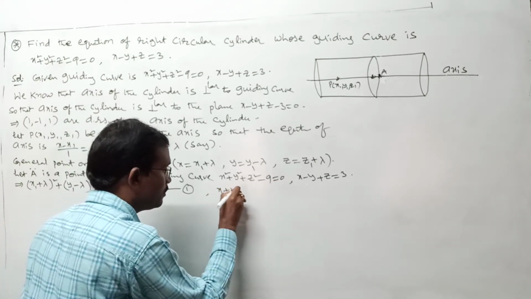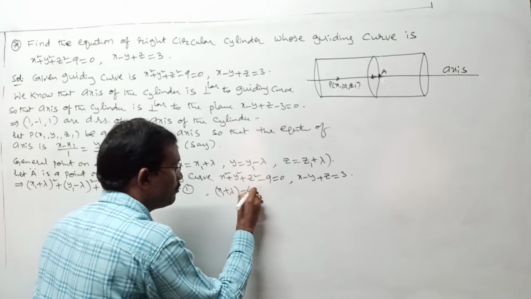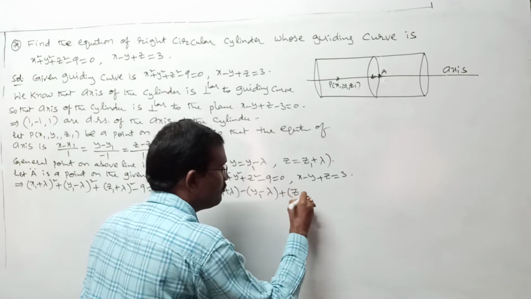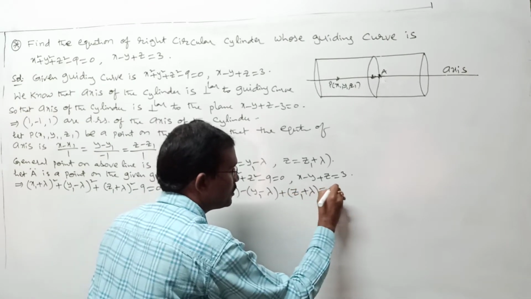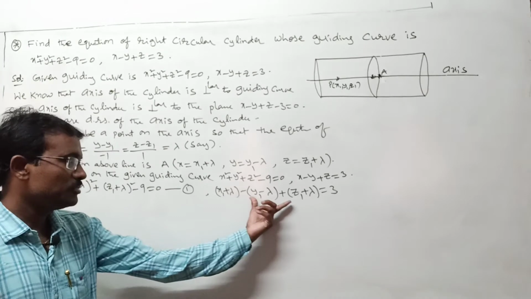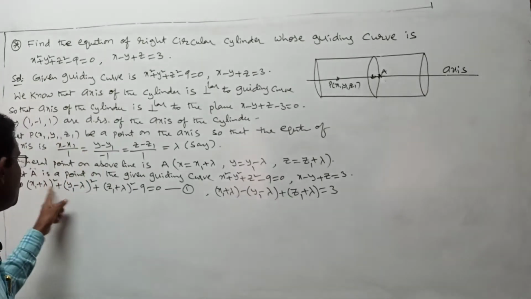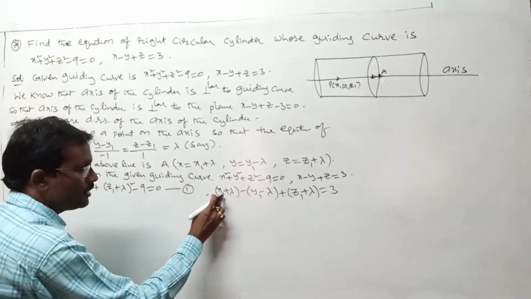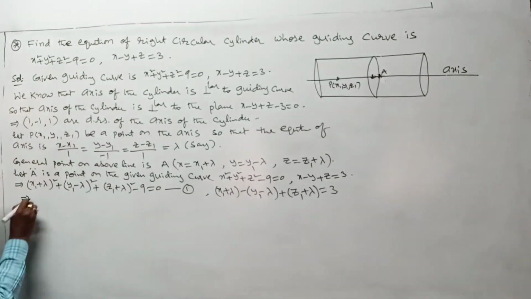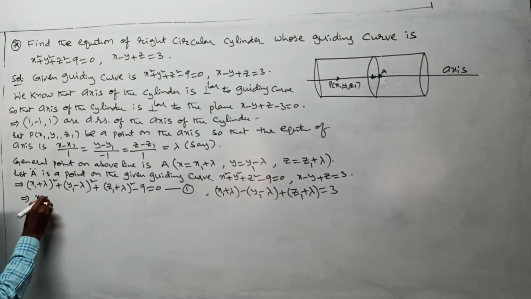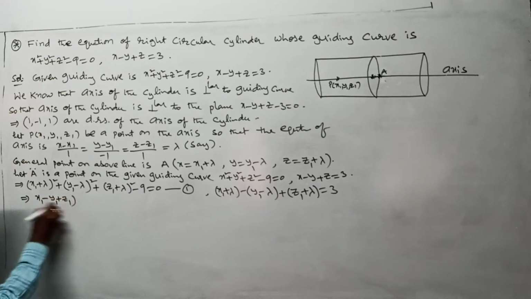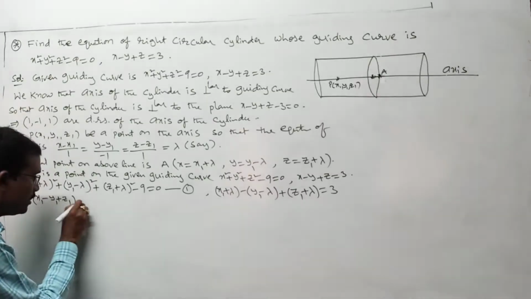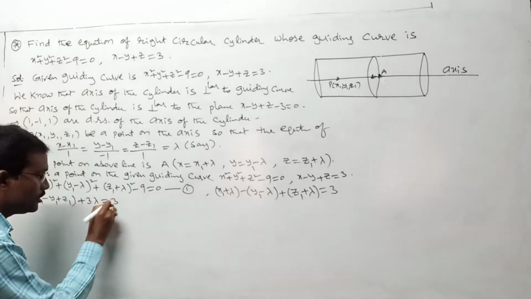x1 plus lambda minus y1 minus lambda plus z1 plus lambda is equal to 3. Just simplify this, find lambda and then substitute here. This implies, x1 minus y1 plus z1 is one combination. Next, lambda plus lambda, 2 lambda plus 3 lambda is equal to 3.